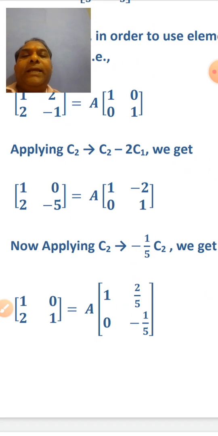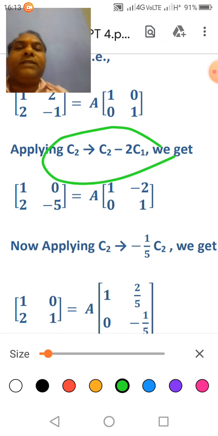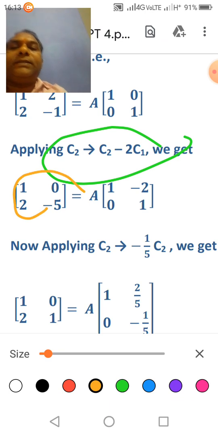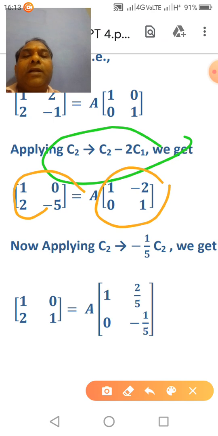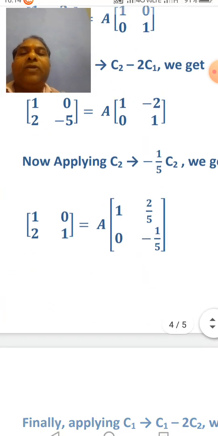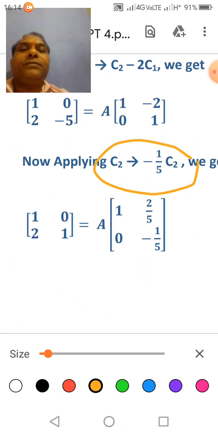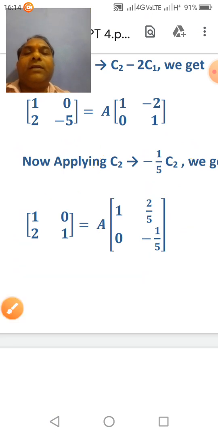Then apply here this operation, C2 is changed by C2 minus 2 C1, then LHS and RHS. Now apply the second operation, C2 is changed by minus 1 by 5 C2, then LHS will be this one and RHS will be this one. Clear?